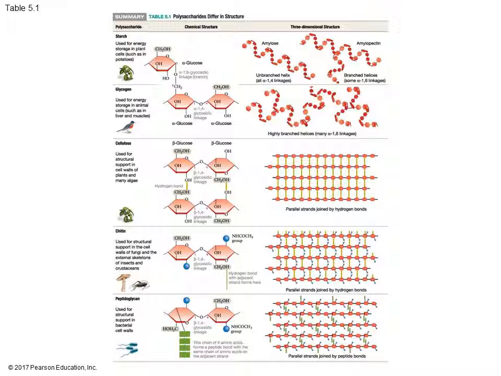Then you look at cellulose, chitin, and peptidoglycan, the last three sugars, and notice how they look like strong fencing material, like a fabric of steel. You can tell that this is a very strong structure, and not only that, the linkages are beta-1,4 glycosidic linkages. These are linkages that are very hard to break.